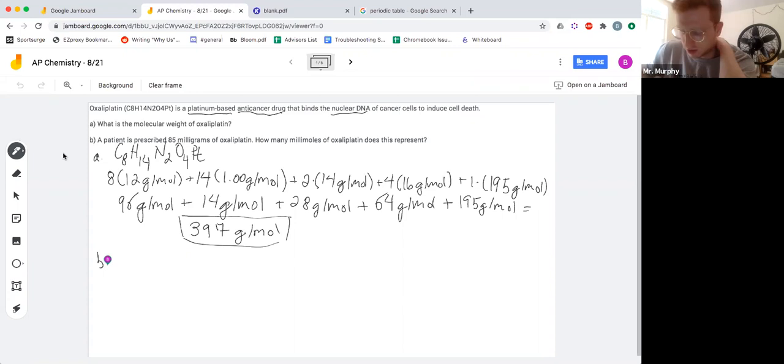So a patient is prescribed 85 milligrams of oxaliplatin. How many millimoles of oxaliplatin does that represent? So we're going to use something called dimensional analysis. And this is something that we should have covered in our summer homework and brought to class.